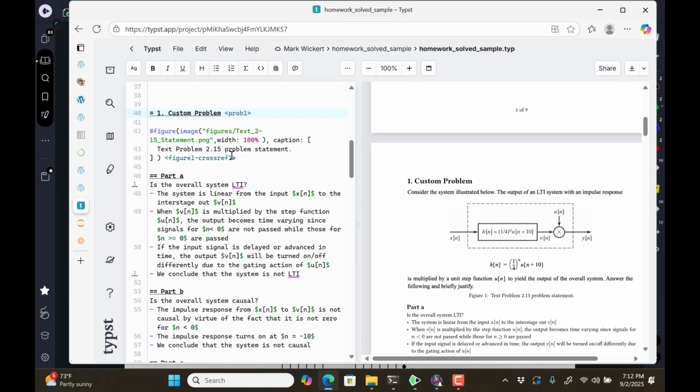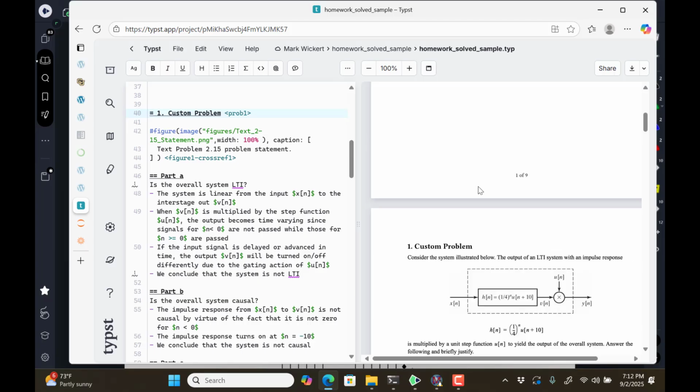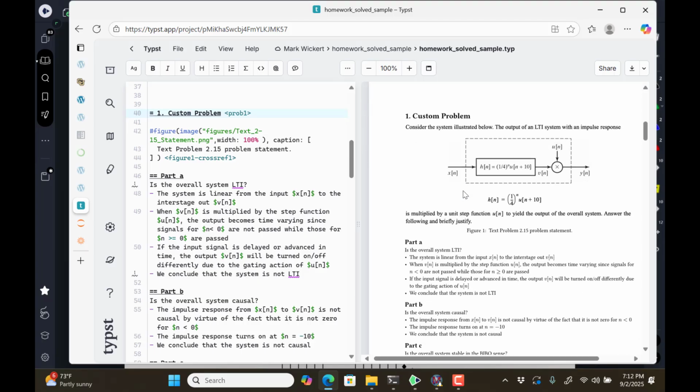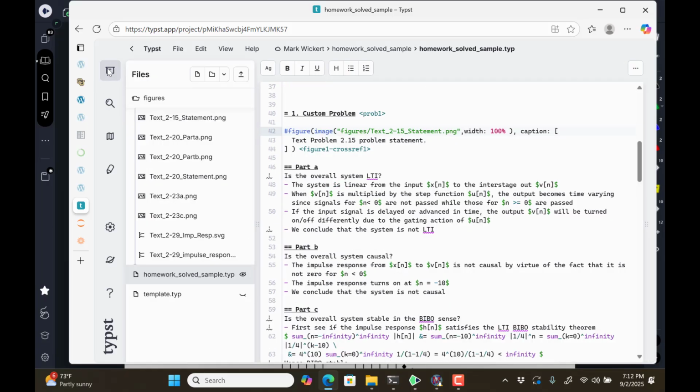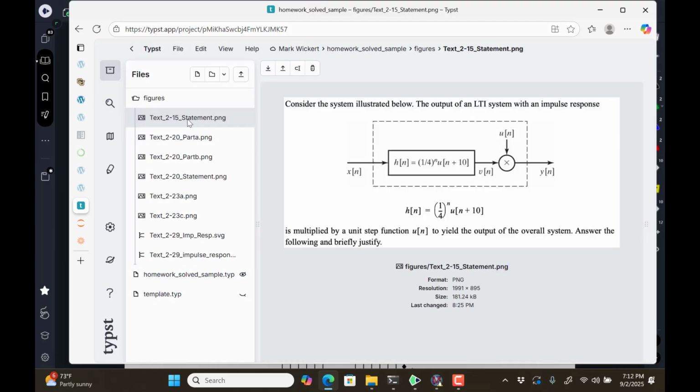But what you can do, like I did here, all of this stuff, I can't make this sit still, all this stuff right in here was actually a cut and paste. It was a PNG file that I scanned from another document, and it's imported right here. It's imported as text_2-15_statement.png, and it's sitting right over in here. There it is. That was just the figure that was in there, but now it's placed in this document, so I can use it later.